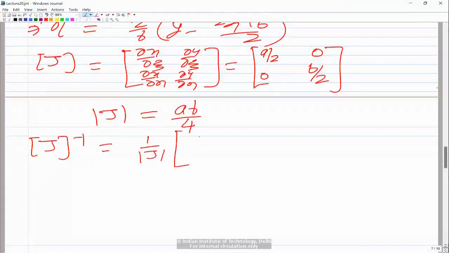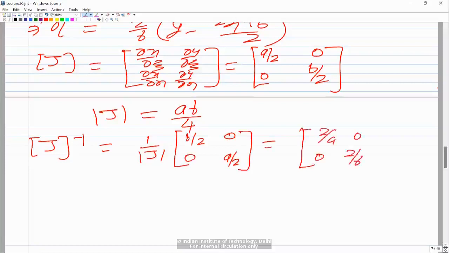So basically we interchange the diagonal elements, so we will have b by 2 here, and of course this is done in terms of the adjoint matrix, and the sign of the off-diagonal elements is changed, but they are 0, so they remain 0. Now the determinant of J is ab by 4, so if you take it inside, this will come as 2 upon a, 0, 0, and 2 upon b. So that means J inverse is basically 2 upon a, 0, 0, and 2 upon b.